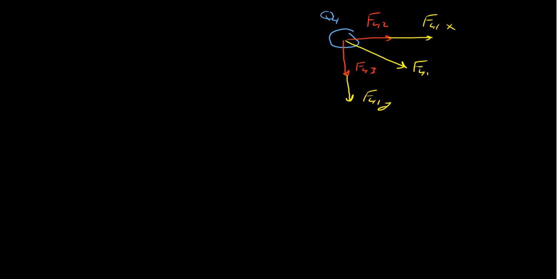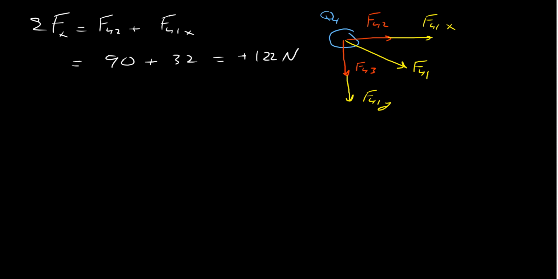Okay? Now, to find the total electrostatic force on the x-axis and the total force on the y-axis, we should do this. The total force on the x-axis will be F42 plus F41x. If we do the math, that will give me 90 plus 32, which is positive 122 Newton.